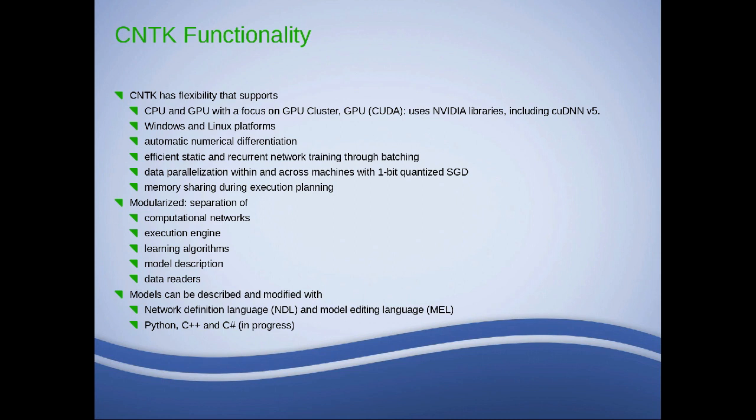In CNTK, models can be described and modified with the following programming languages. First, network definition language NDL. Second, model editing language MEL. Third, Python. Fourth, C++. And fifth, C# in progress.